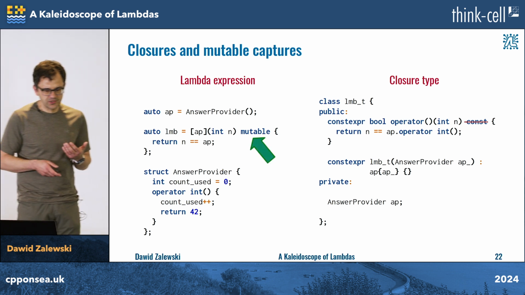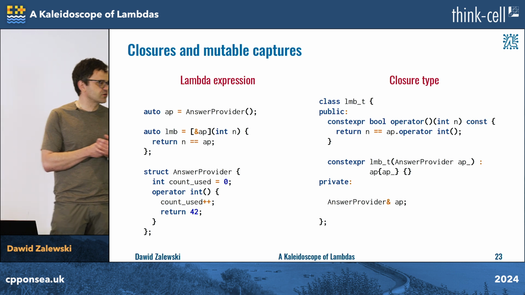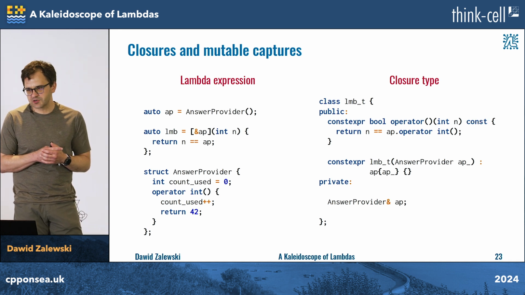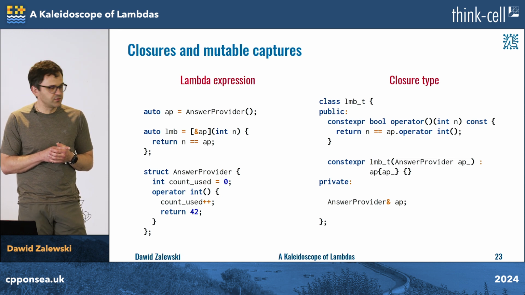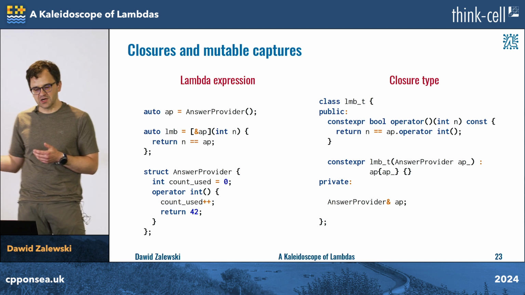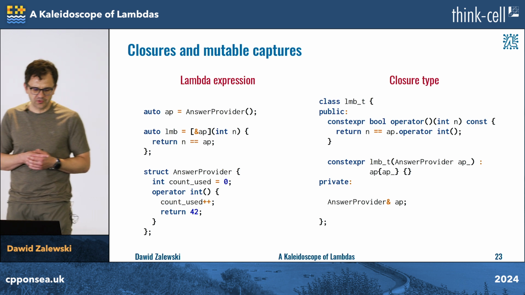Or the other option, if you dislike this solution, is to capture by reference. Because once you capture by reference, all your problems with constness disappear. You can mutate objects that you only refer to from your lambda. It's an ugly solution, but it will work.